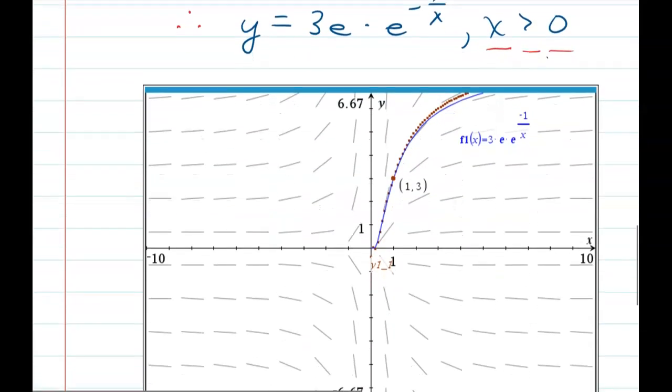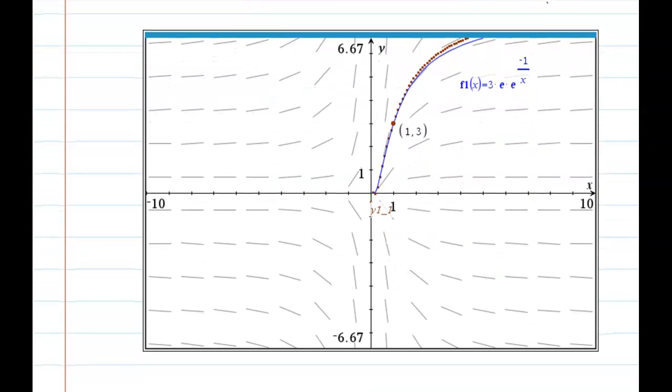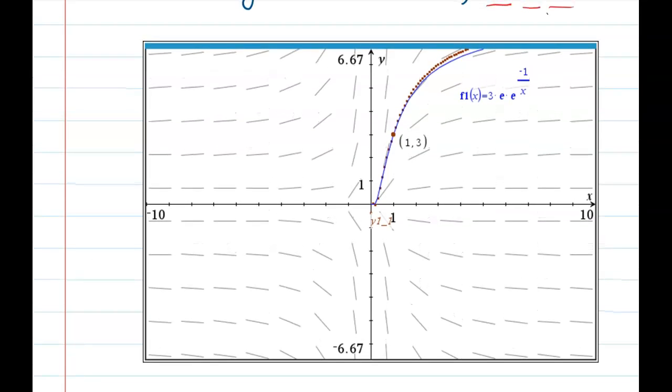The slope field looks like this, and we can see that the numerical solution that goes through (1, 3) is the red dots, and then the blue solid curve is our particular solution to this differential equation, 3e times e to the negative 1 over x, which is the actual curve.